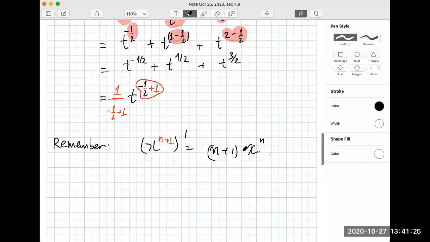From the derivative. Then if we divide both sides by n plus 1, the left-hand side becomes x to the n plus 1 divided by n plus 1, which will be equal to x to the n.